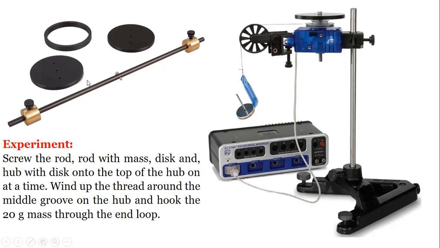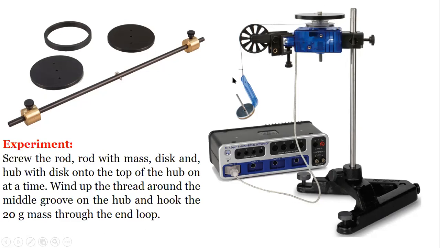We will attach these elements over here by the hub, and there's a thread attached around this hub. When you apply a force along this string, we can rotate this hub around the central axis, right?